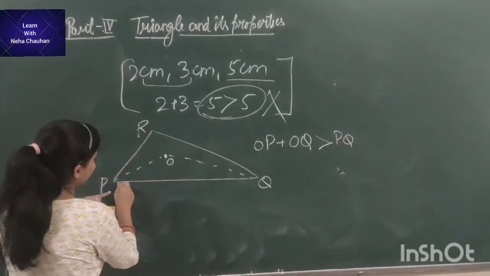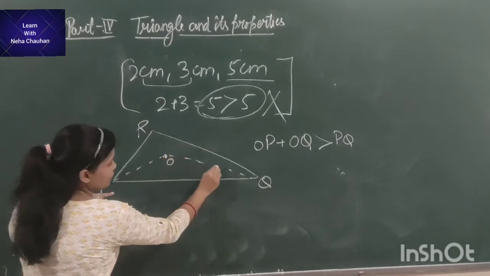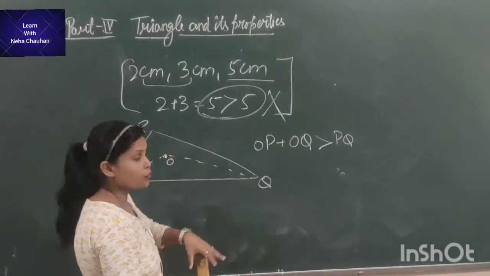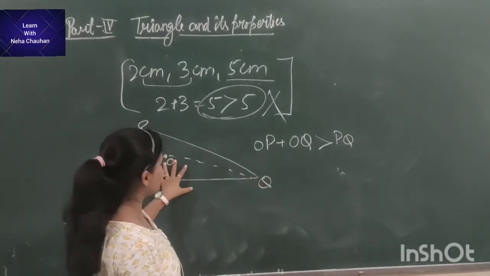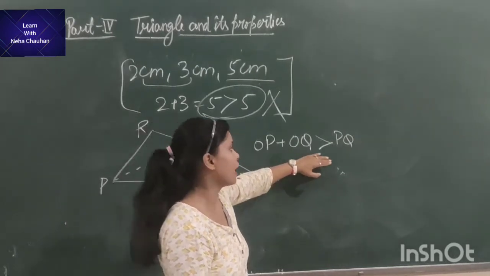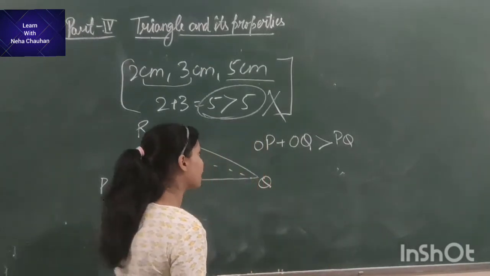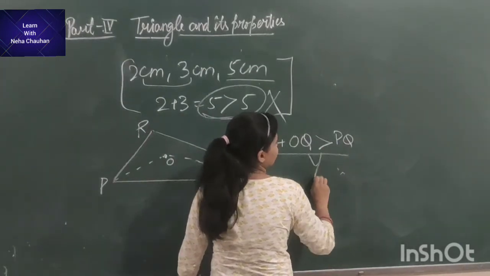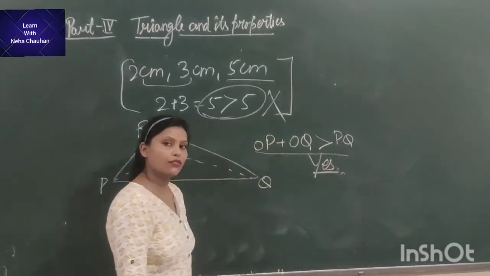This forms a triangle, and a triangle has the property that if two sides are added, the sum will always be greater than the third side. So this condition is true for the triangle.